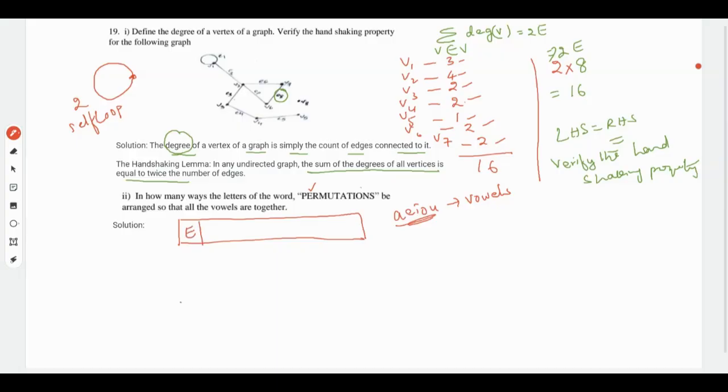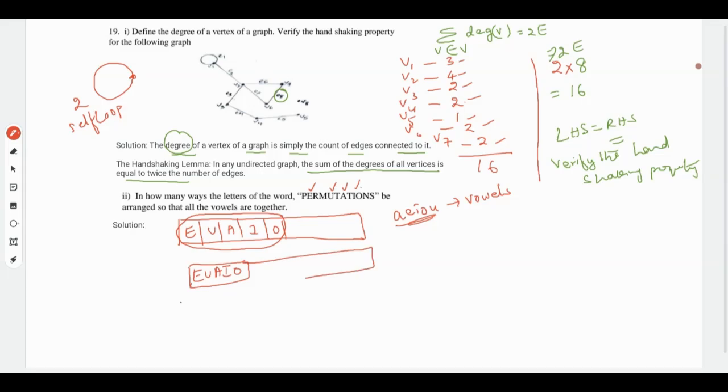So we have E, then U, then A, then I, then O. All these letters we will write as one block: E, U, A, I, O. We will make it as one letter.